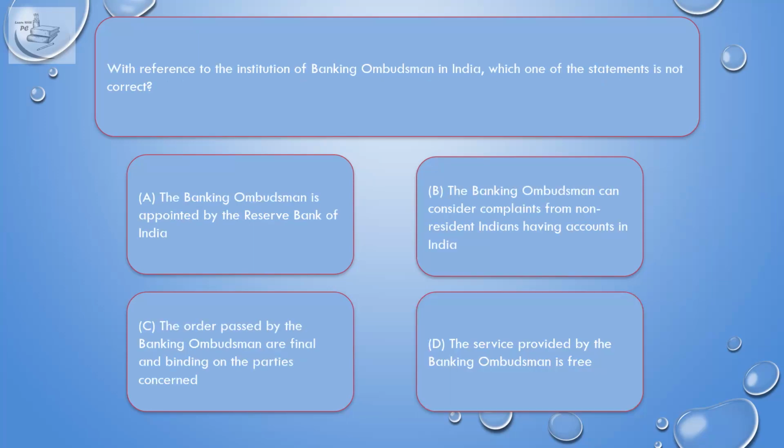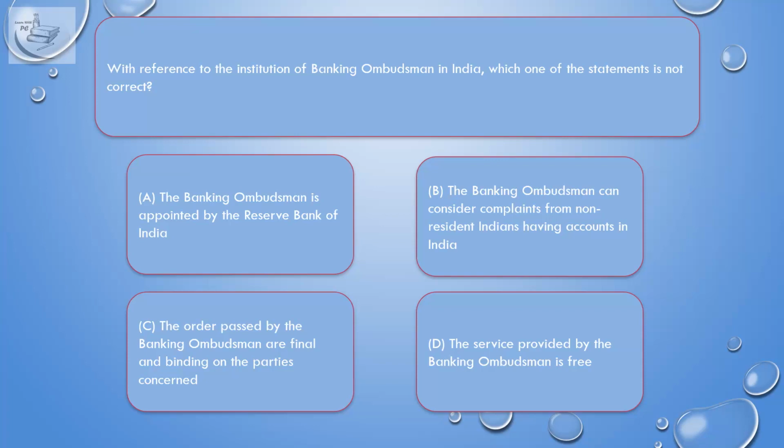Question: with reference to the institution of Banking Ombudsman in India, which one of the statements is not correct? A. The Banking Ombudsman is appointed by the Reserve Bank of India. B. The Banking Ombudsman can consider complaints from non-resident Indians having accounts in India.